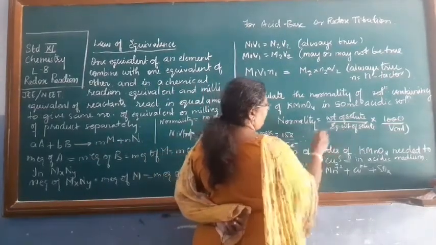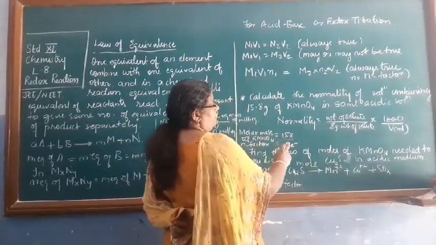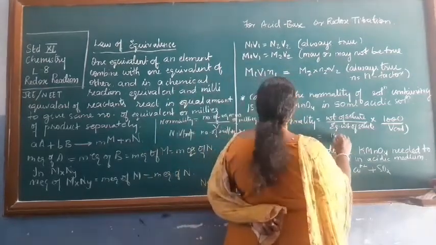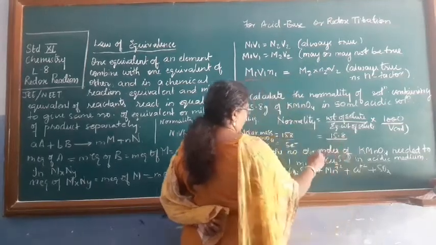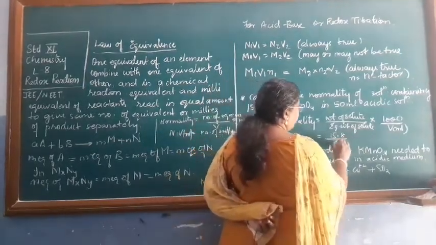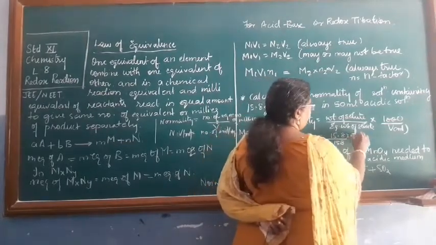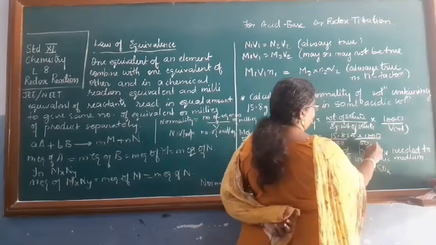So therefore equivalent weight of the solute, that is KMnO4, will be 158 divided by 5. So you have weight of the solute as 15.8. You have equivalent weight, that is 158 divided by 5. So I write my 5 here, into 1000 upon 50.